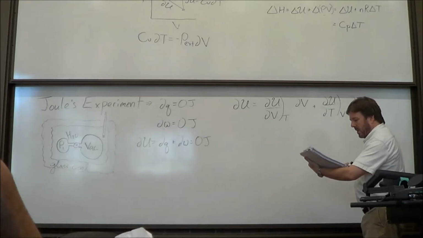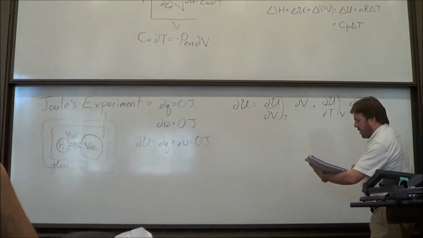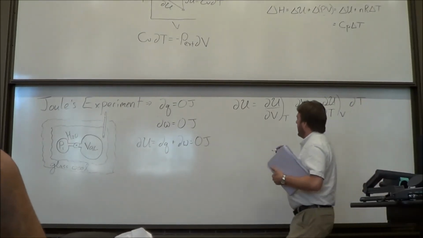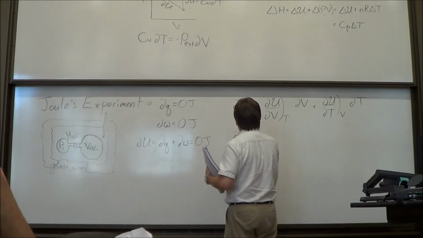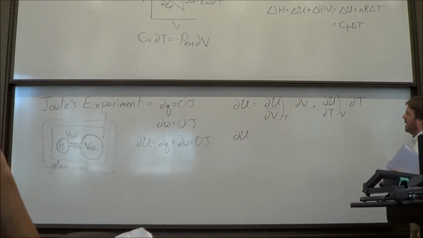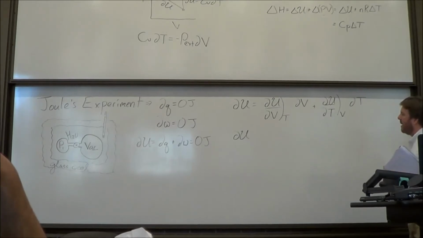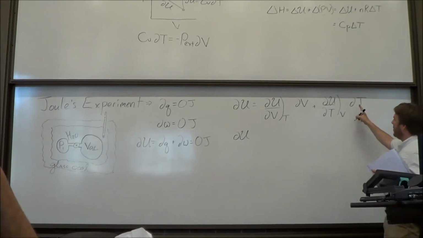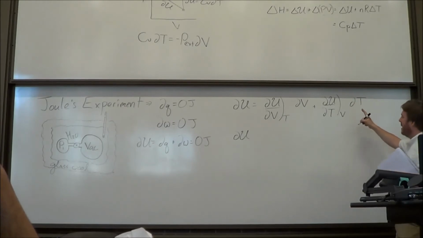And now what I want to do is, again, because I know what the answer is, I'm going to divide by... let me see how I can show you how to get to the answer. Well, I could divide by anything I want, and what I'm trying to get to is dT/dV.